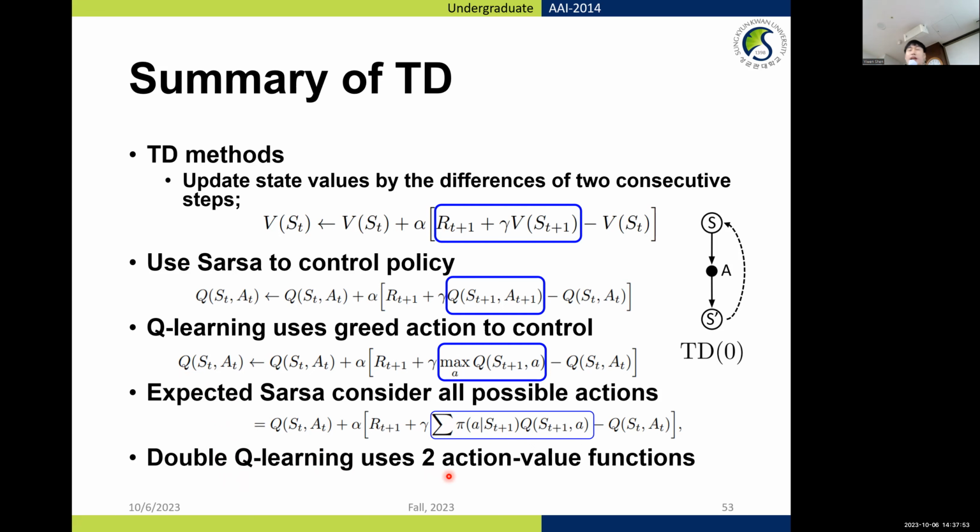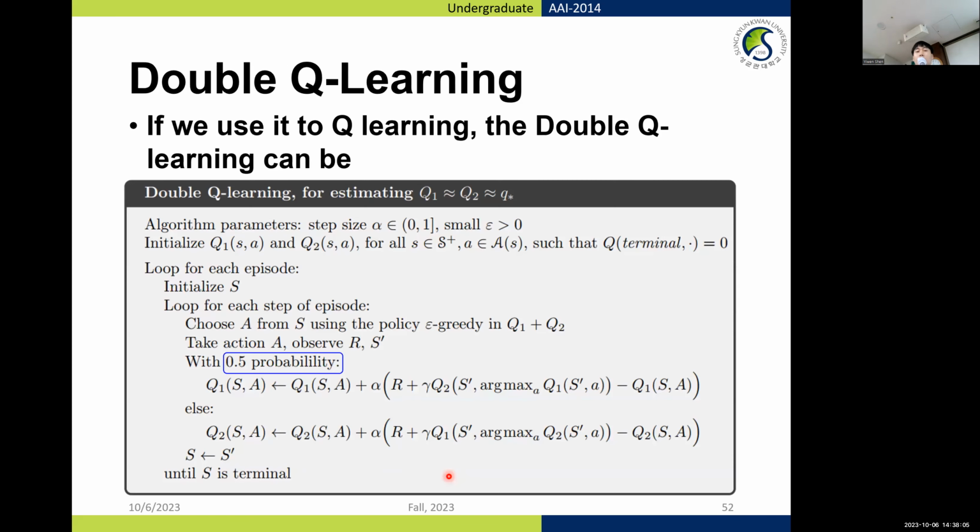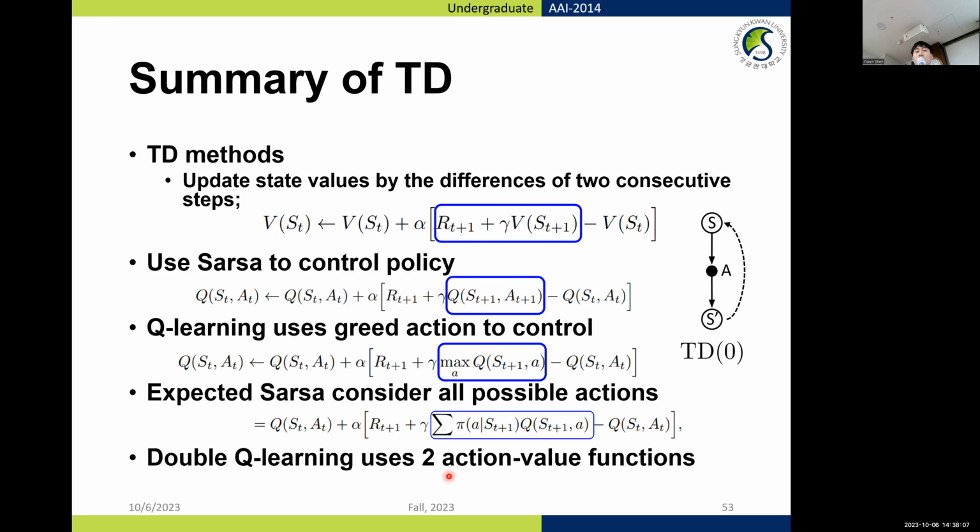Any questions? Because when Q-learning was designed, you need to consider the computation cost.